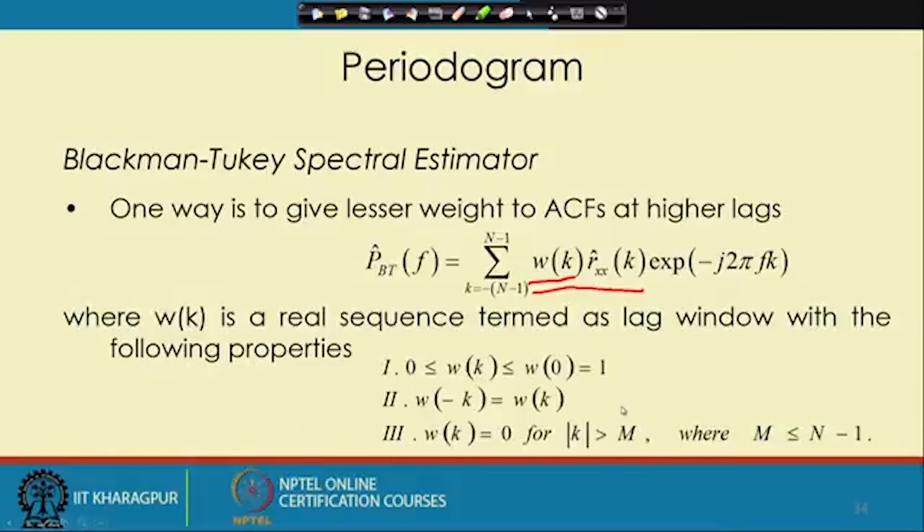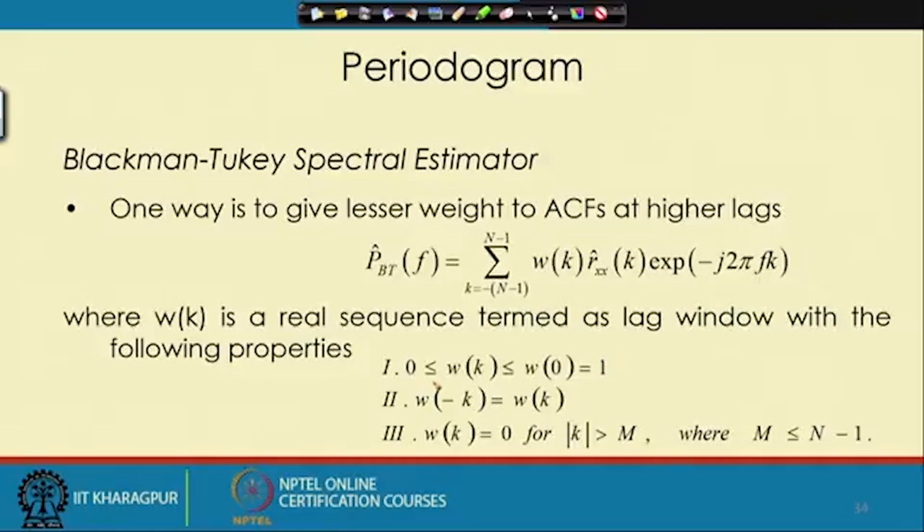So, they should have some property. First of all, for different lags, the first property would be that W0 should be maximum, that is equal to 1, and the window should be positive, because we do not want to change the sign of that autocorrelation estimate.